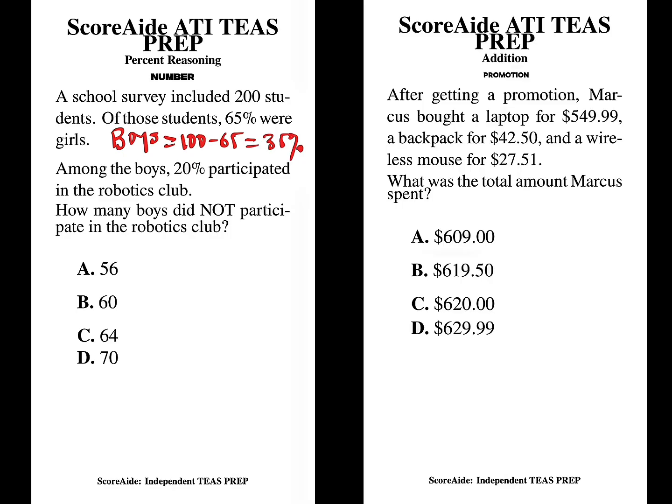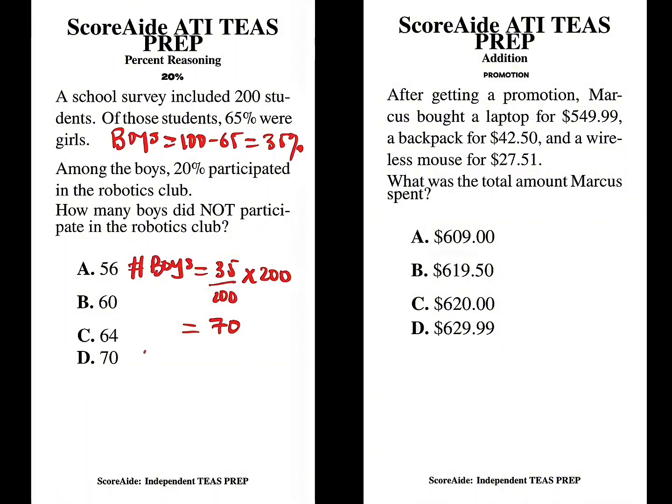So let us look for the number of boys. The total number of boys is going to be 35 over 100 times the total number of students, which is 200. So 0.35 times 200, of course 70. So those are the total number of boys in class.